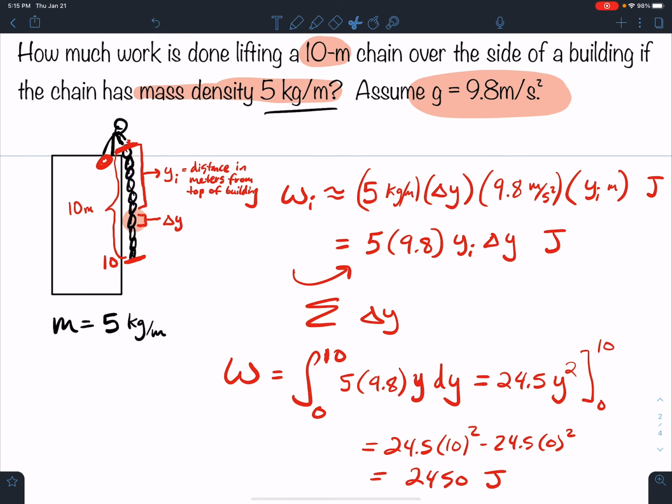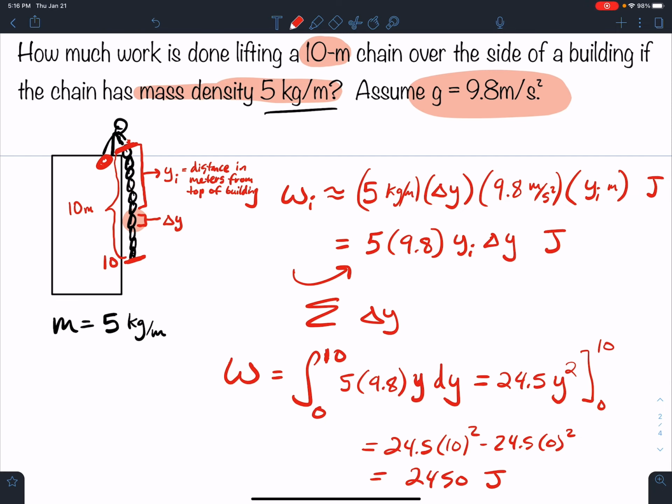So as you're pulling up your chain, the amount of work is fluctuating. The amount of work required is decreasing the more chain that you pull in. A lot more work is being output on the first amount of chain you're pulling in versus at the end.